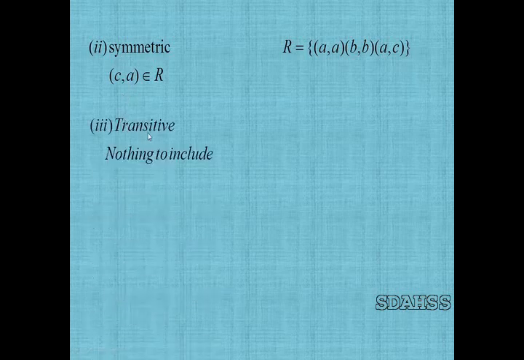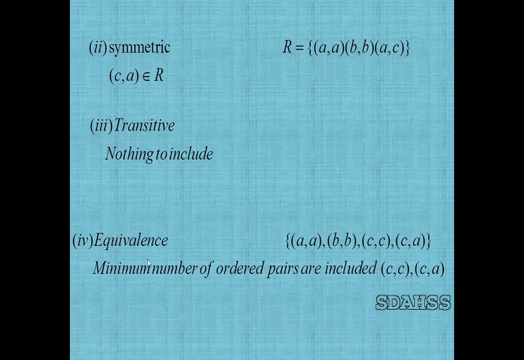Third one, transitive. Transitive means (a, b), (b, c) implies (a, c). Here there is nothing to include to become transitive. Now the equivalence relation.